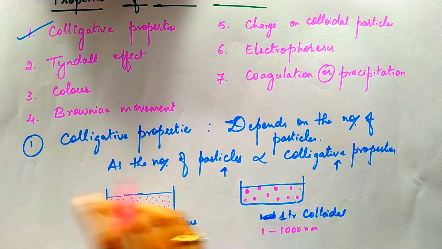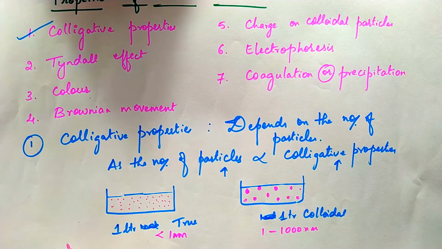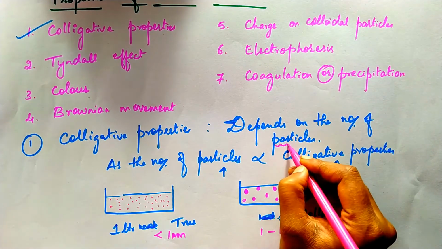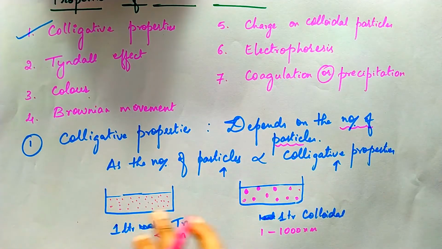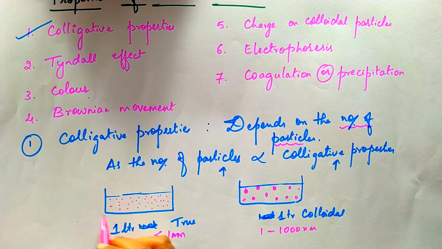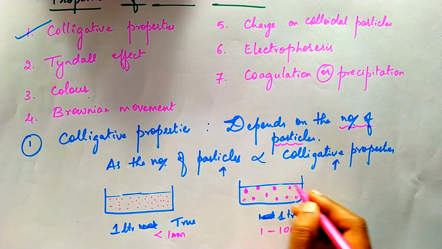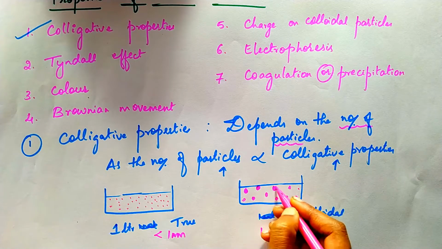Among these two solutions, which has the maximum colligative property? Here, the colligative property depends on the number of particles. Therefore, of these two solutions, the true solution contains a large number of molecules, that means a large number of particles. The colloidal solution contains a small number of particles because the colloidal particle is very big.